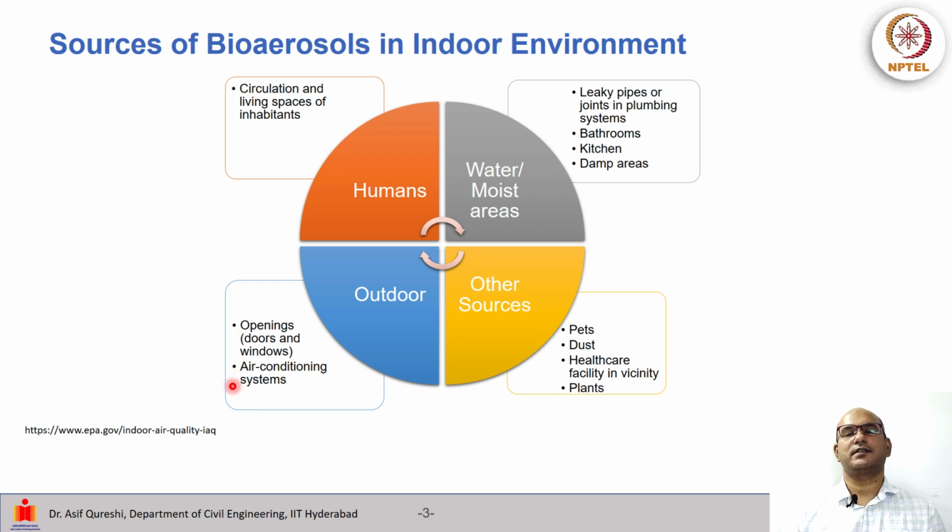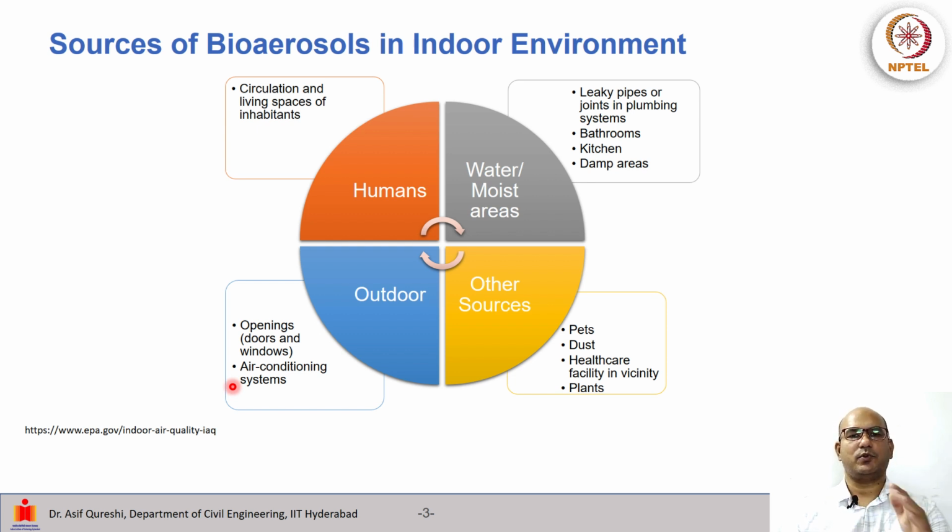Then air conditioning systems as well. So when the air is being sucked in in these systems, we will have the bacteria coming inside. Or maybe in the parts of the AC system, we have dust and microbes attached to the parts of the air conditioner, for example, where the flaps are.